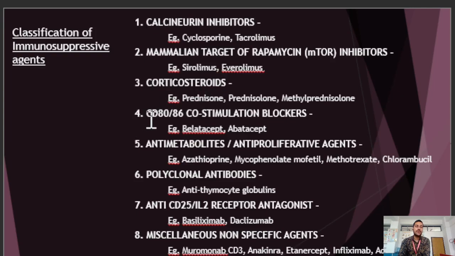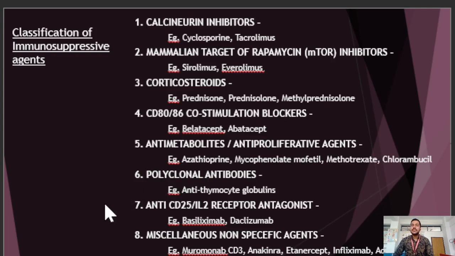Next one, number four, is CD80/86 co-stimulation blockers, belatacept and abatacept. So these are the examples. And then number 5 comes anti-metabolites or anti-proliferative agents. Examples: azathioprine, mycophenolate mofetil, methotrexate, etc. Sixth one is polyclonal antibodies, for example anti-thymocyte globulin.